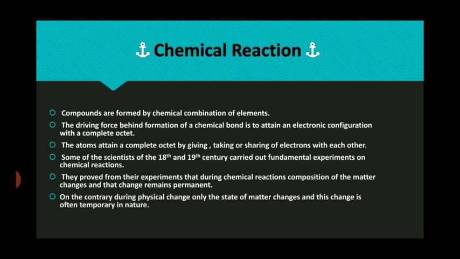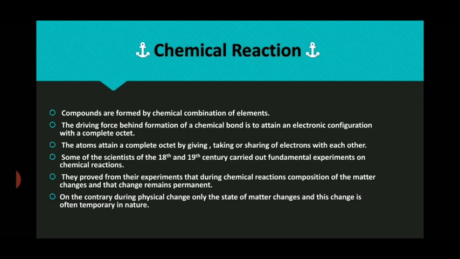For example, if milk is converted into curd, that is known as a chemical change. On the contrary, during a physical change, only the state of matter changes, and this change is often temporary in nature.